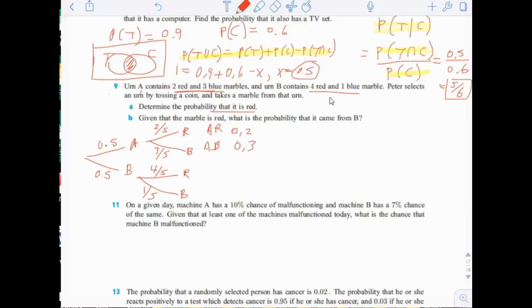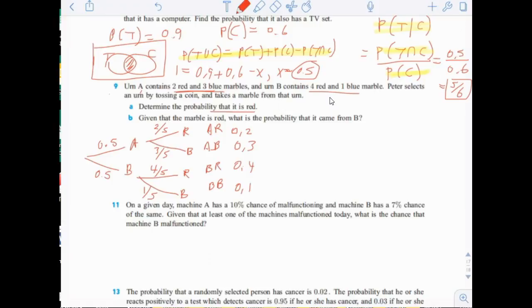What about BR? BR would be 0.8 times 0.5, which would be 0.4. And BB would be 0.2 times 0.5, which is 0.1. And if you check, all these added together, 0.4 plus 0.1 plus 0.3 plus 0.2, give you 1.0, which is the way it should be.